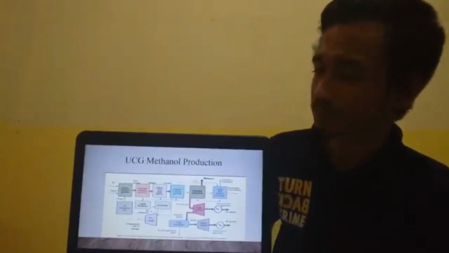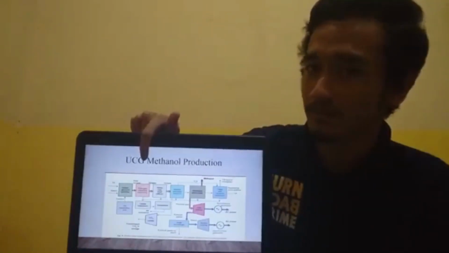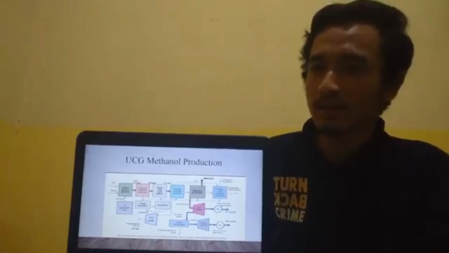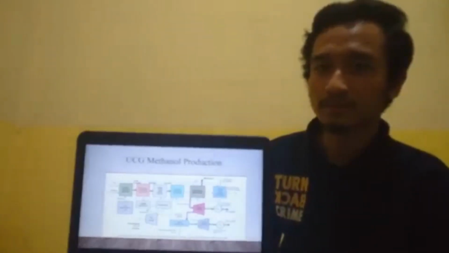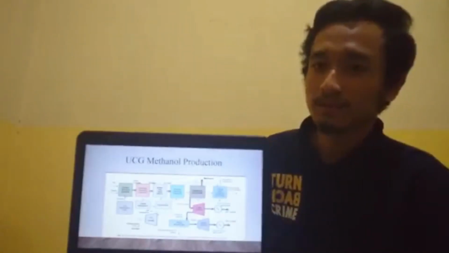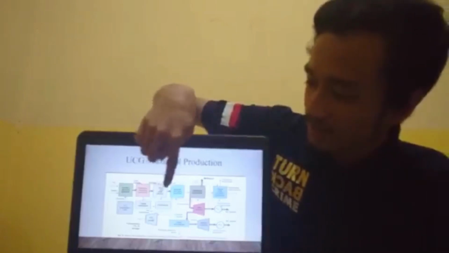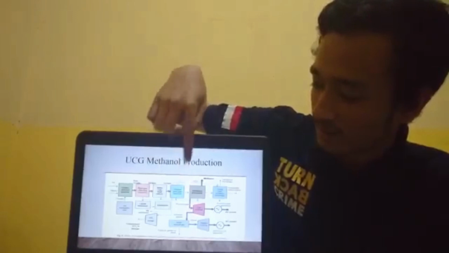Next, this is UCG methanol production. This flow diagram is the same as before, but after the Selexol acid removal process there is methanol production.